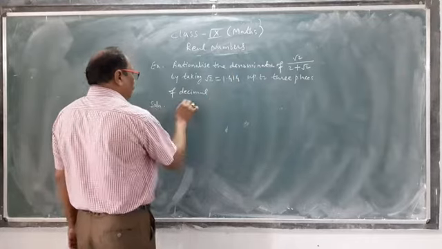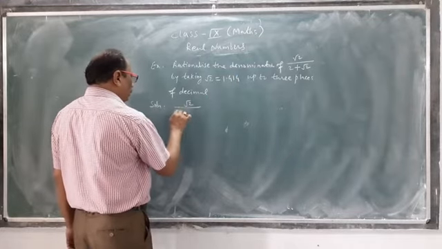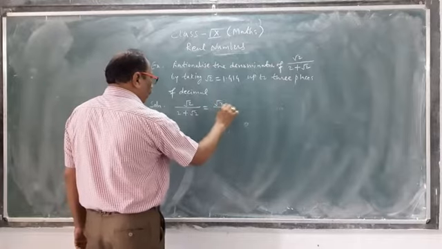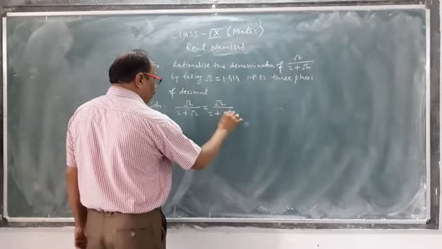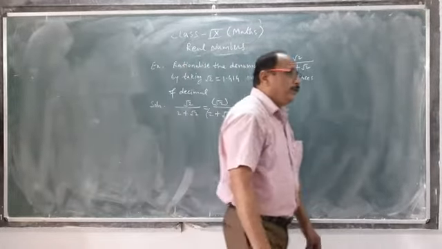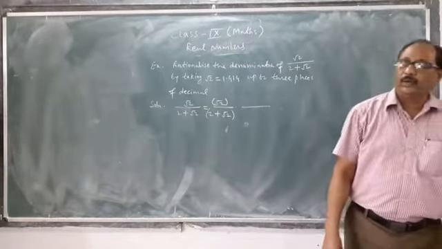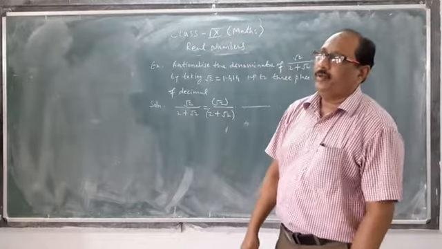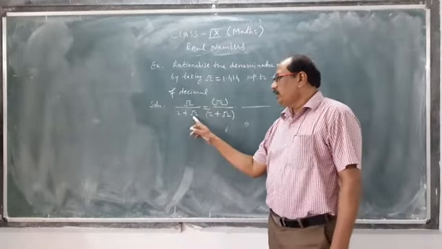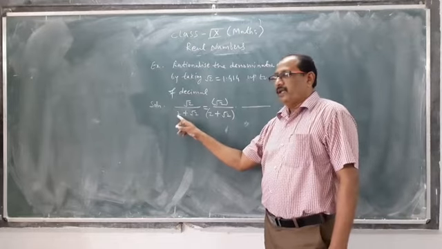Here we have to rationalize this term, root 2 upon 2 plus root 2. We have to rationalize the denominator. Why? Because the denominator is an irrational number. Root 2 is an irrational number, 2 is rational.